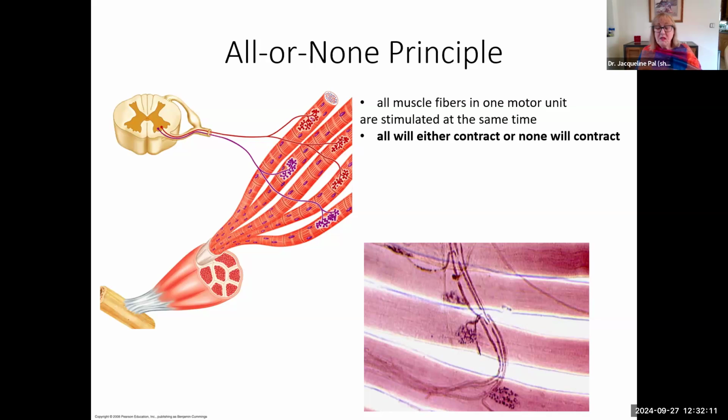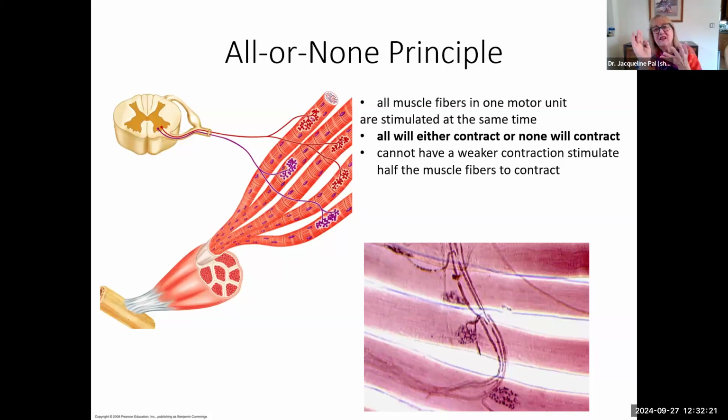Okay. In other words, you can't be like, oh, it's kind of weak. It's not quite strong enough. So let's just have half of them contract.